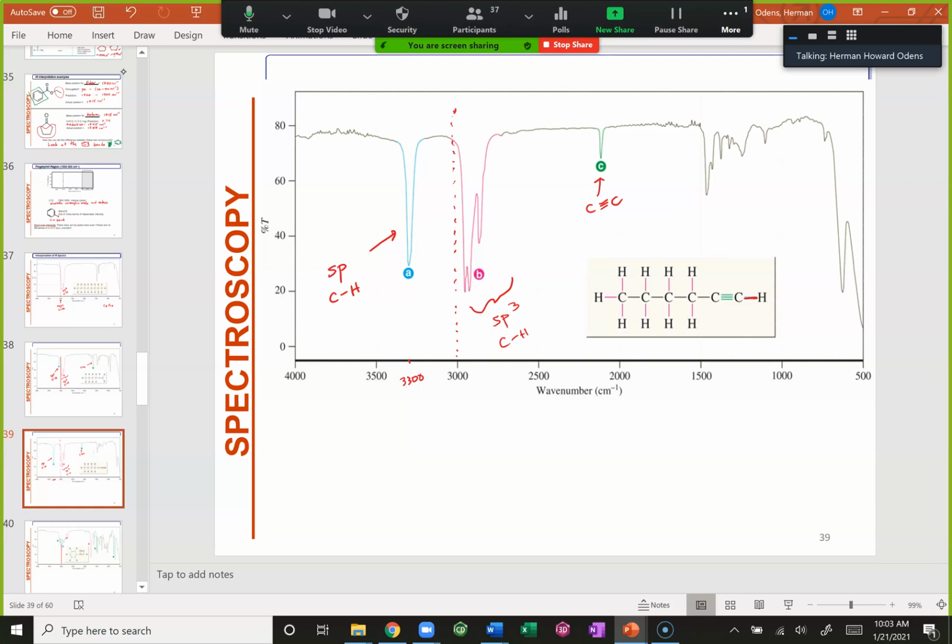You always need two techniques. Now, we're going to learn that NMR is the only technique that pretty much stands on its own, but you still need two types of NMR, a proton NMR and a carbon NMR. You always need two things to confirm your structure. By itself, infrared will not tell you what the structure is.